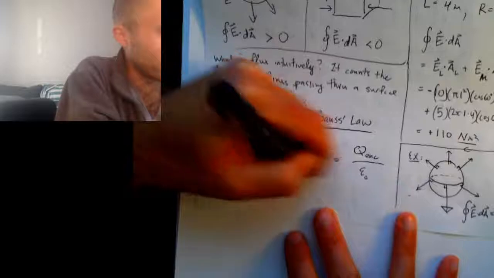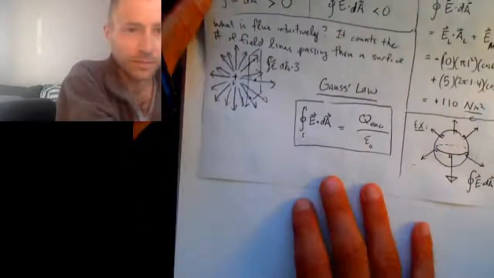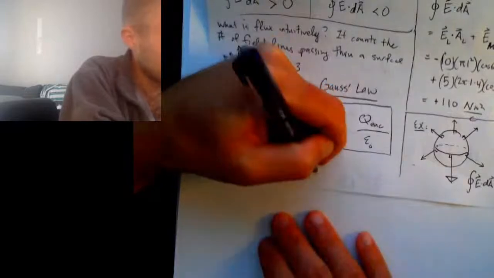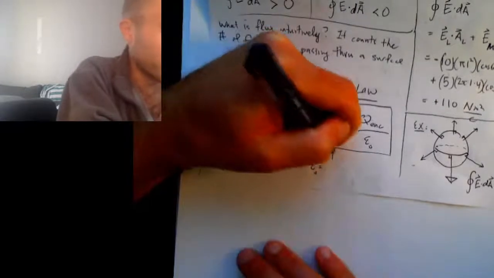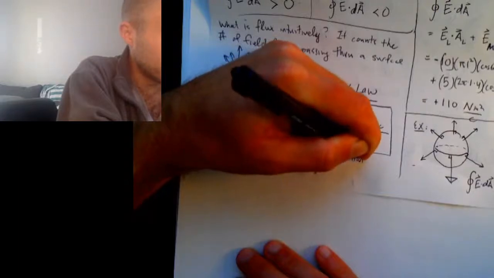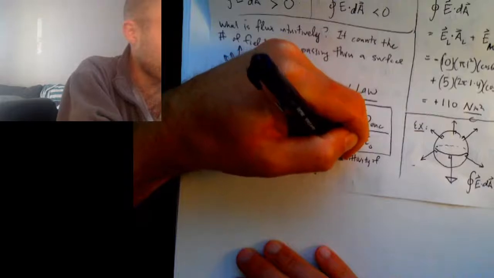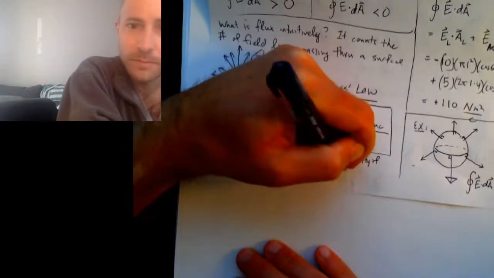Now, epsilon naught is a constant of nature. It's called the permittivity of free space.